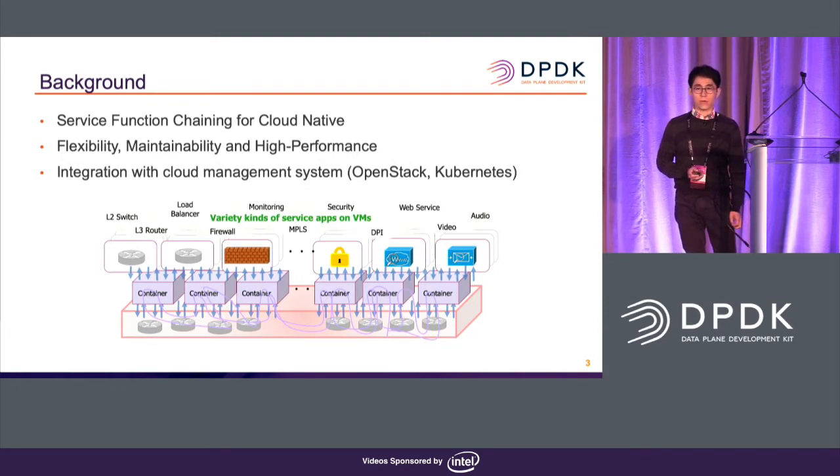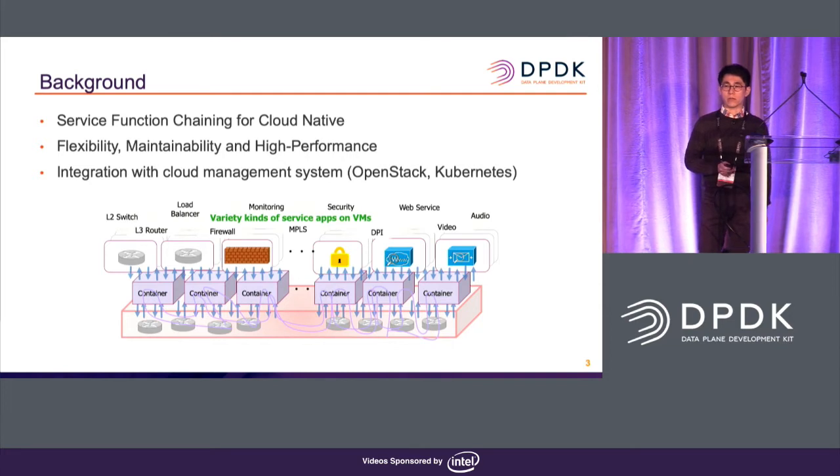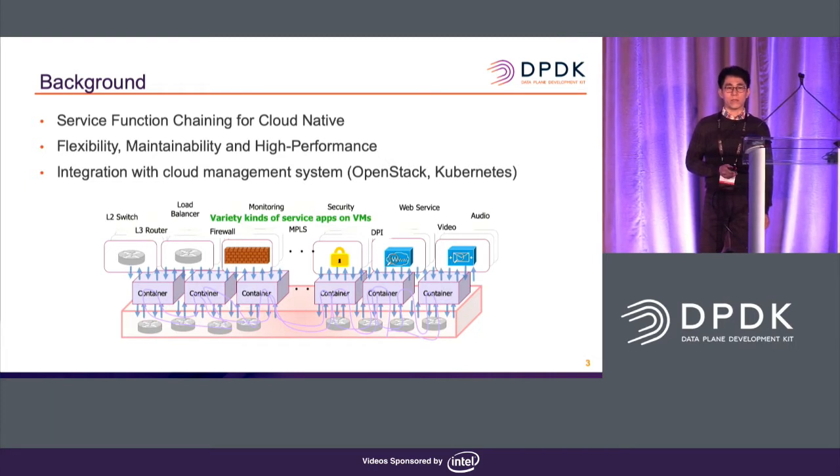And so for our services, there are several requirements. For example, flexibility for the change of our service network configuration, or maintainability. It is very important for operators because we need to provide service to users speedily to meet their requirements.